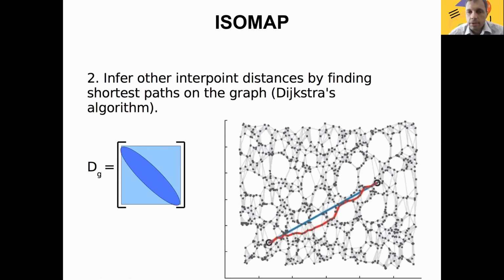To a significant extent, this helps us approximate distances calculated along the manifold. This is the first step. And the second step, after we calculate distances in this way and not in the initial space, is to apply a standard multidimensional scaling approach.